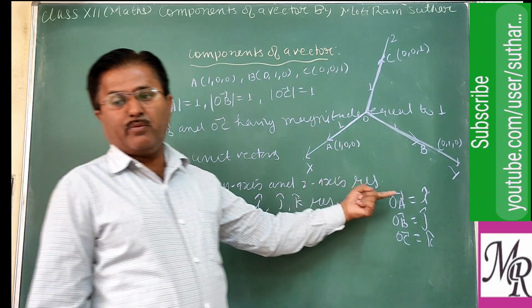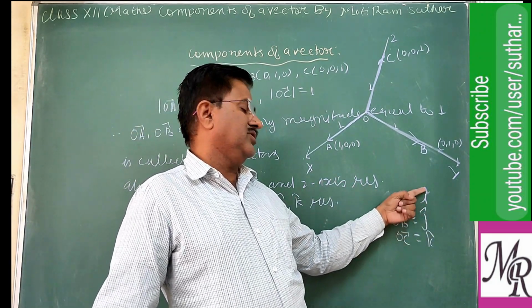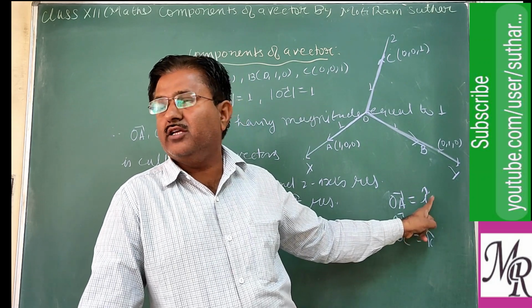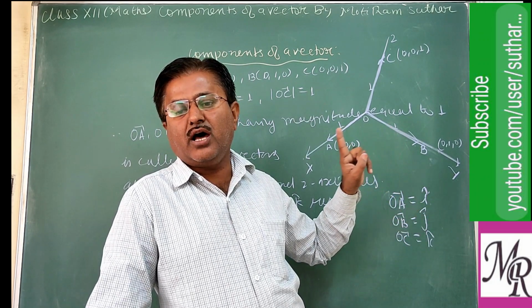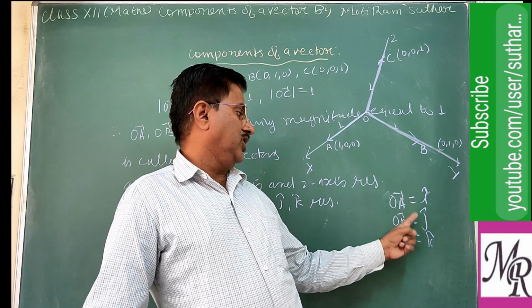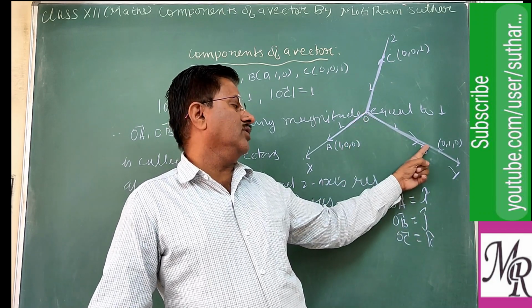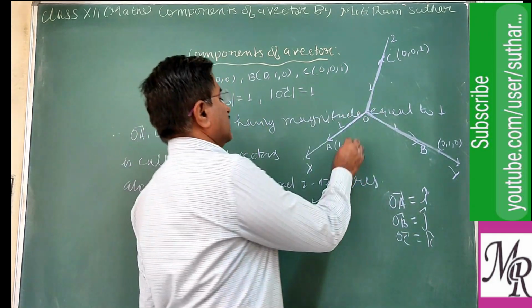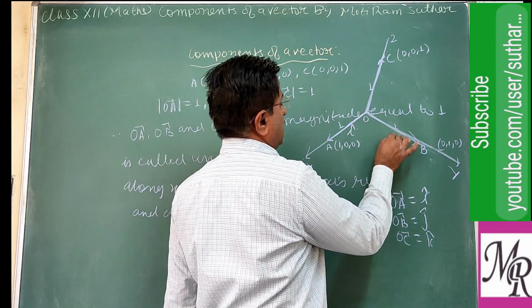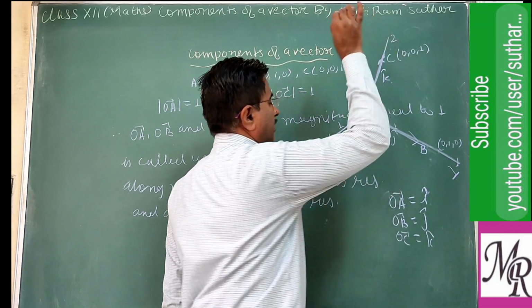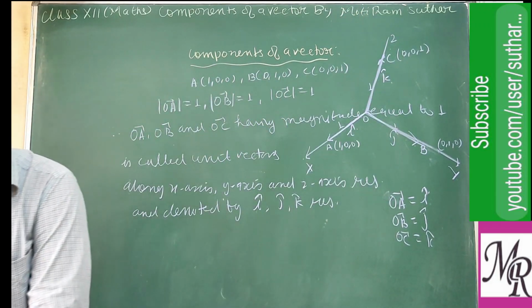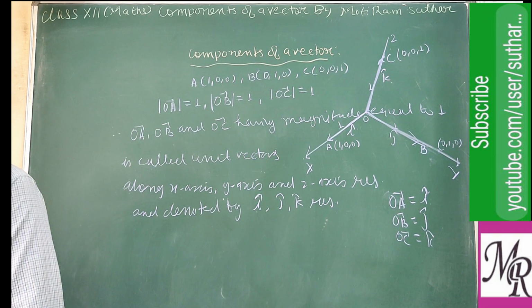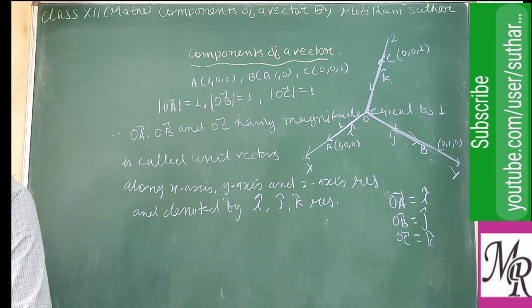So here cap represents the unit vectors, meaning their magnitude is 1. i is the unit vector along OX, j the unit vector along Y, k the unit vector along Z. So one may write i, j and k. These are the unit vectors along the coordinate axes.